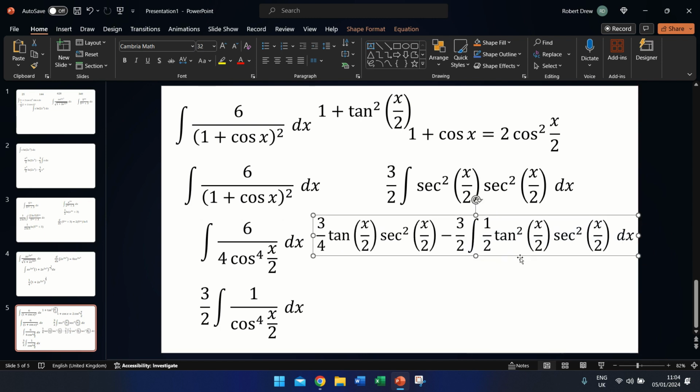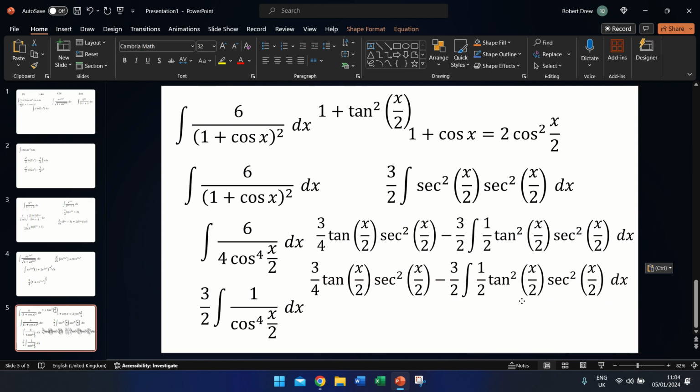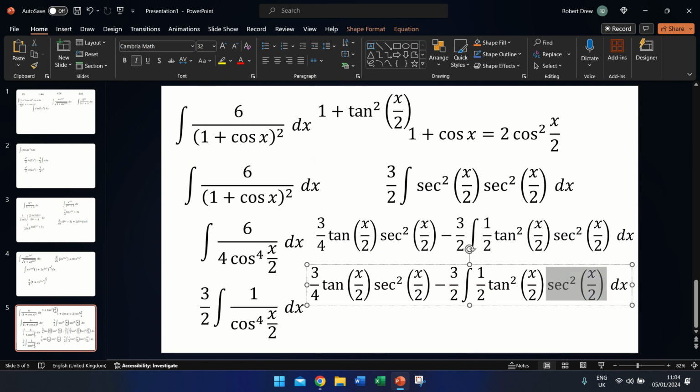And now, was it pointed out, and now am I doing the same thing I did last time, which is sec squared is obviously 1 over cos squared.